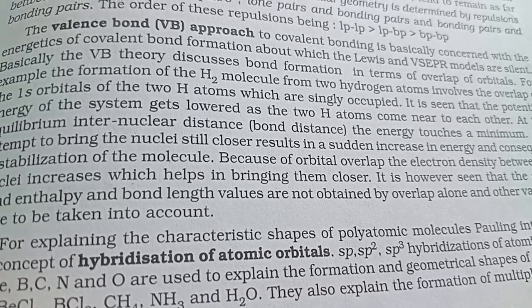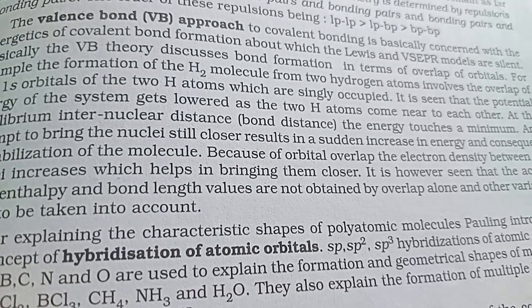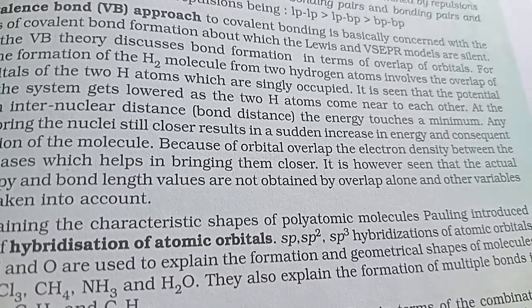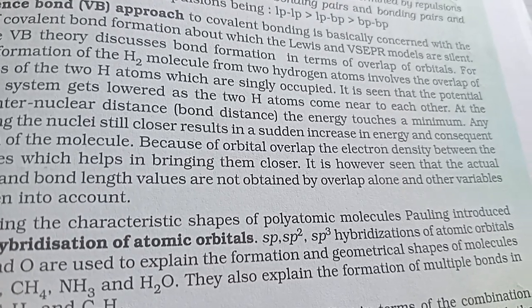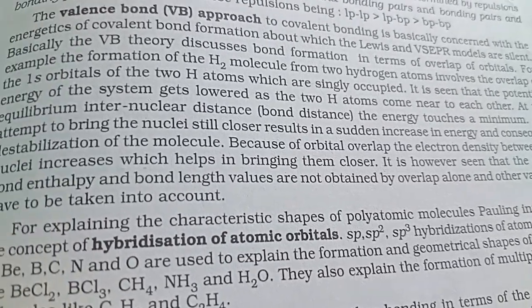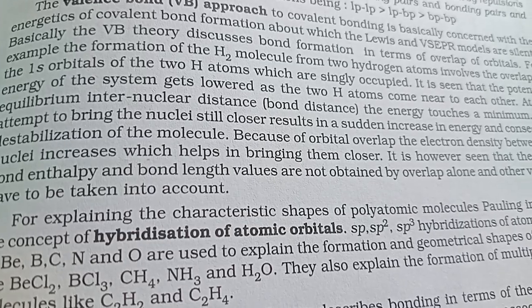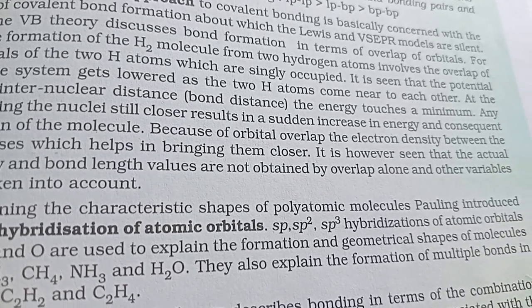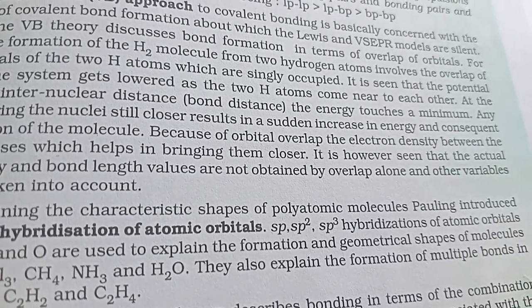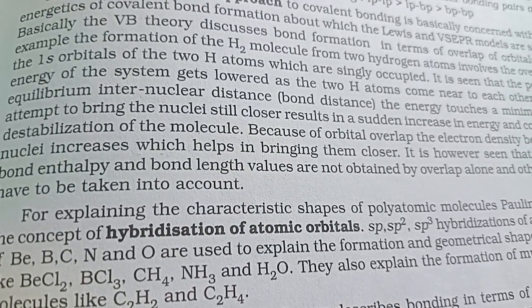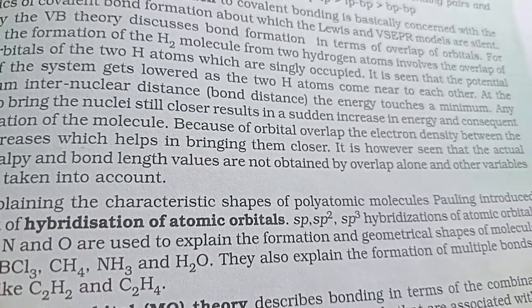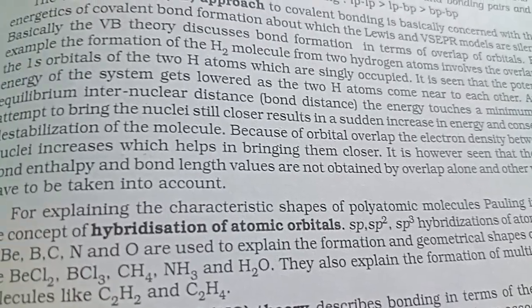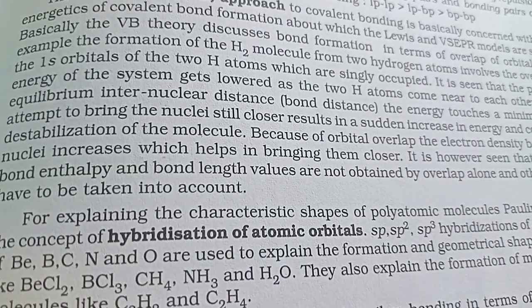It is seen that the potential energy of the system gets lowered as the two hydrogen atoms come near to each other. At the equilibrium internuclear distance, the bond distance, the energy touches a minimum. Any attempt to bring the nuclei still closer results in a sudden increase in energy and consequent destabilization of the molecule.